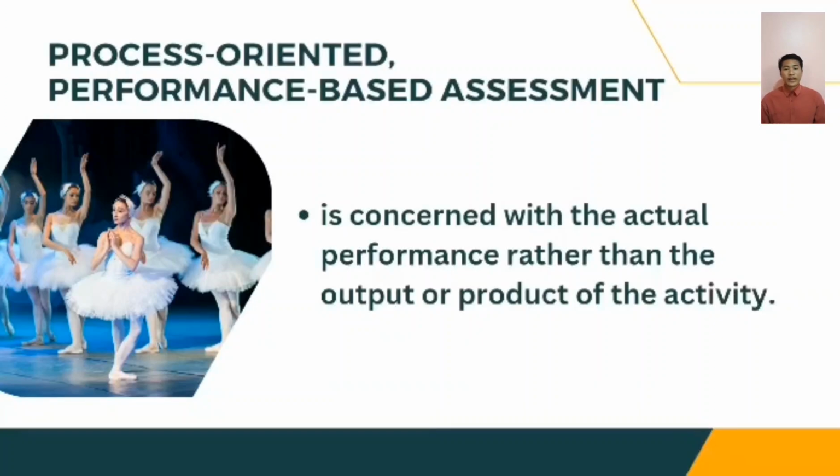That's what we call a process-oriented. Another example is when you bake a cake. Well, what is the process-oriented here? The process-oriented here is the baking itself. Yes, including how they bake, the process, and also the skills they need in order to bake a cake.